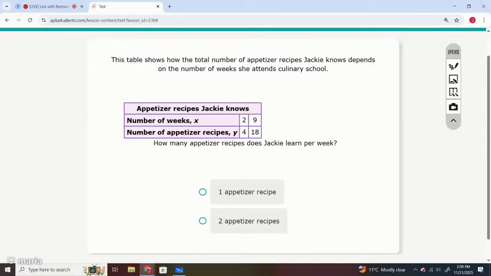This table shows how the total number of appetizer recipes Jackie knows depends on the number of weeks she attends culinary school. How many appetizer recipes does Jackie learn per week?